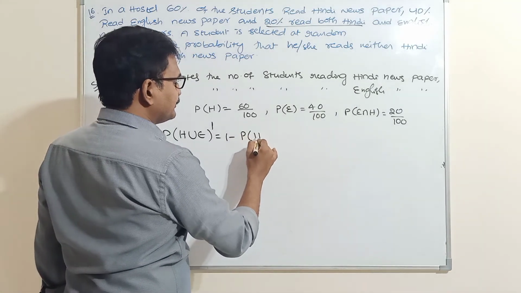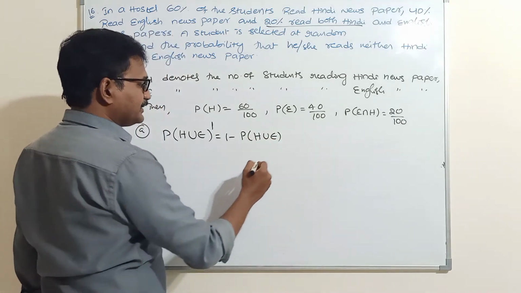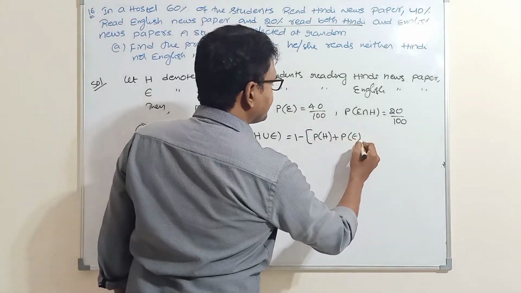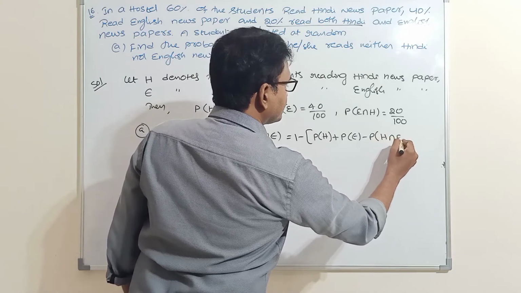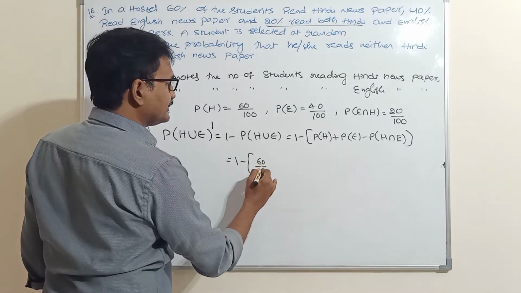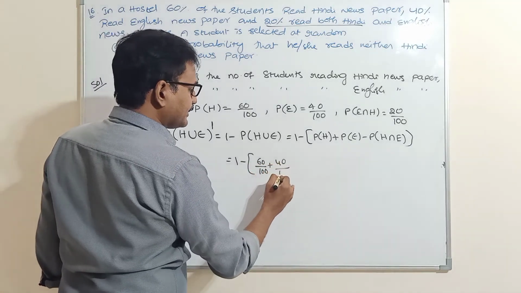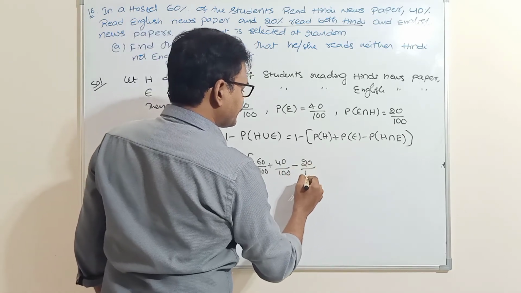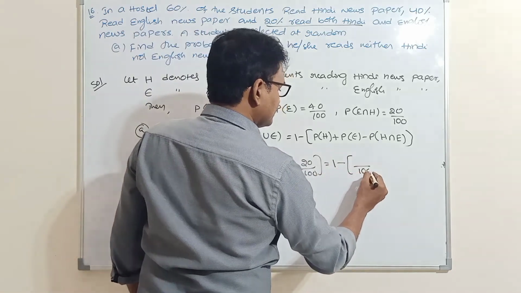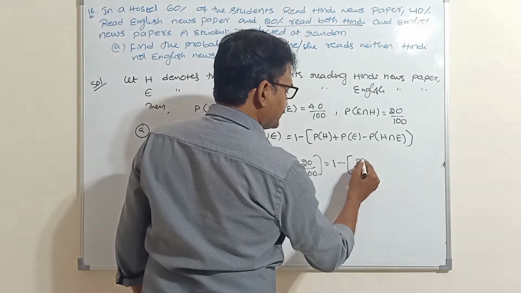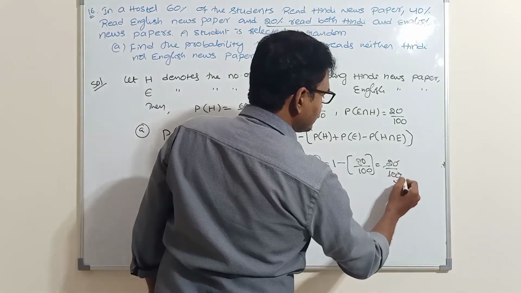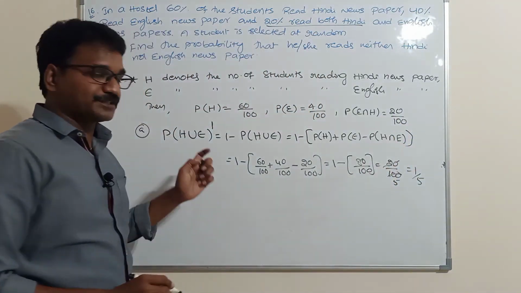P of H union E complement is 1 minus P of H union E. 1 minus P of H union E means P of H plus P of E minus P of H intersection E. So 1 minus, probability of student reading Hindi is 60 by 100 plus 40 by 100 minus 20 by 100. LCM is 100. 40 plus 60, 100. 100 minus 20, 80. 80 by 100. 1 minus 80 by 100 is 20 by 100, which is 1 by 5. That is the answer for the first problem.